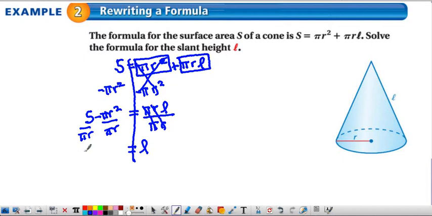Over here, we're just going to leave this S divided by pi r minus pi r squared divided by pi r. And I apologize for my handwriting. I'm using my slate again, so it's just a little bit harder to write with. Let me see if I can write this just a little bit better. Minus pi r squared divided by pi r. And that's going to be equal to my L.